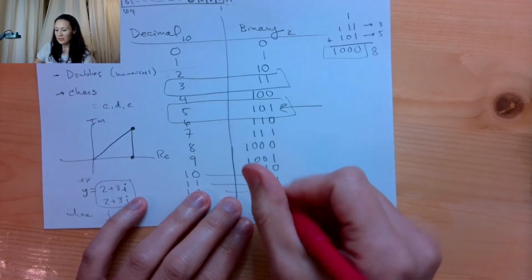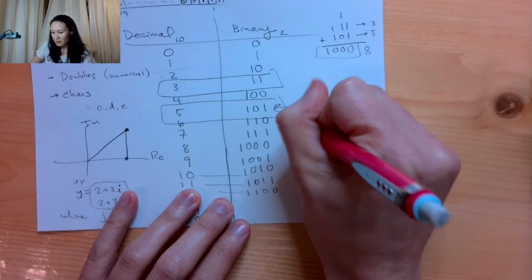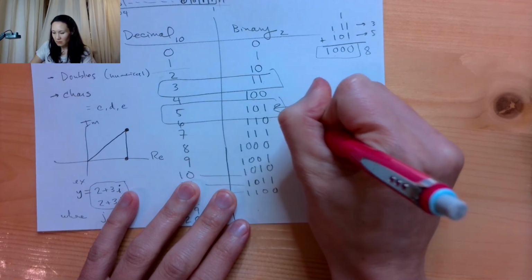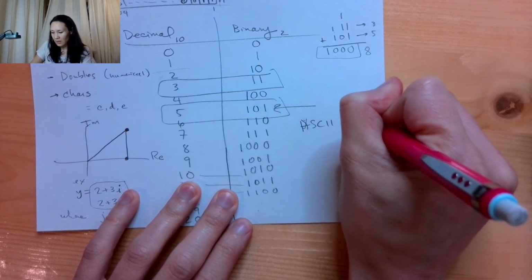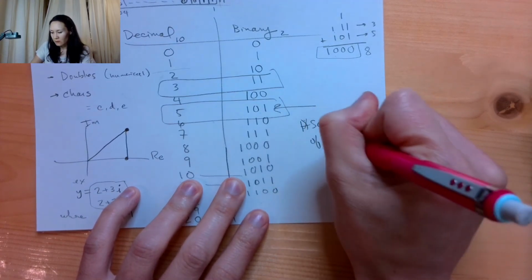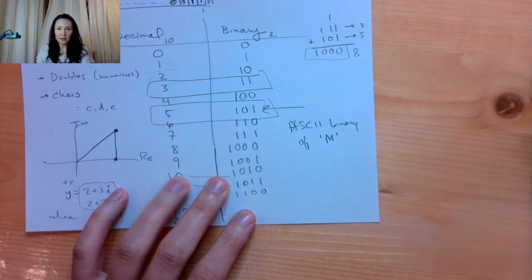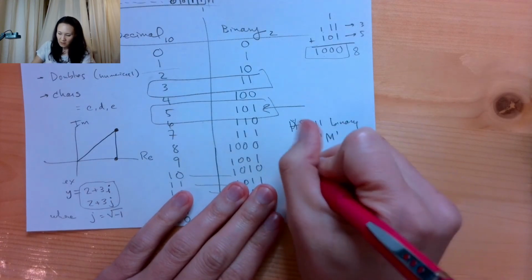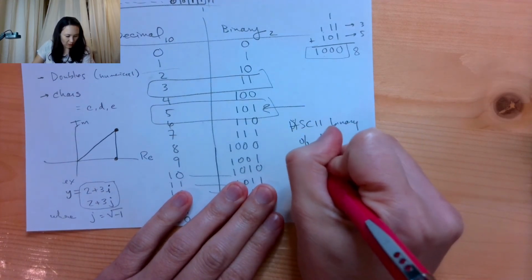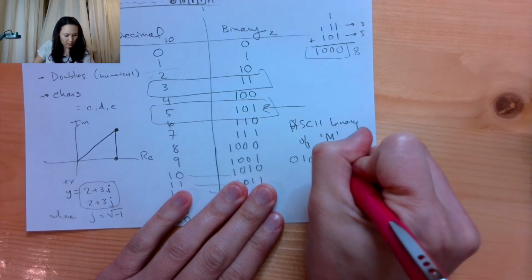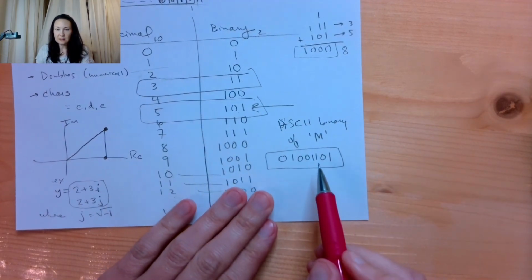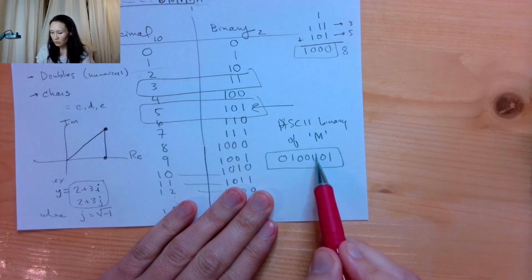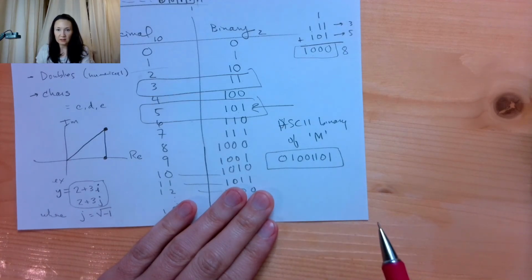So, for example, the ASCII binary of the character M, that's the first letter of my name, is the number 01001101. Okay, so this is a byte, right, because this is 8 bits of information: 1, 2, 3, 4, 5, 6, 7, 8, right?